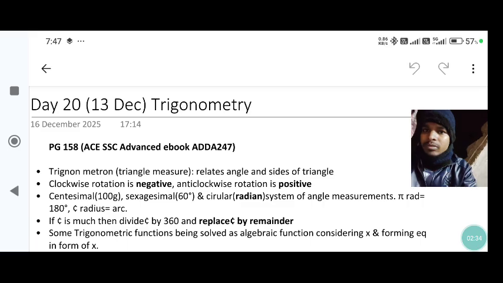So pi into radius is 180 degrees, and theta into radius is the arc, the part of the arc.